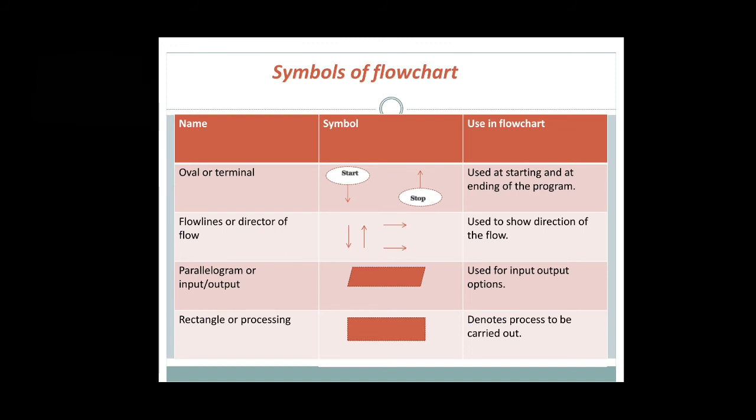Then third one, parallelogram or input and output. Input and output are used to read and print data or information. Rectangle or processor. A processor represents calculation, processing or data manipulation.